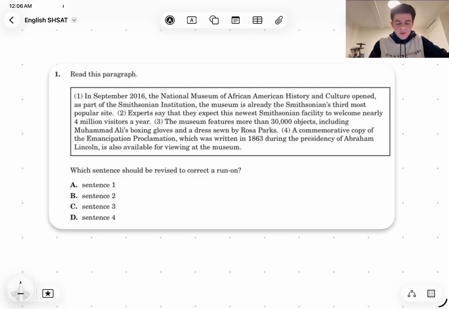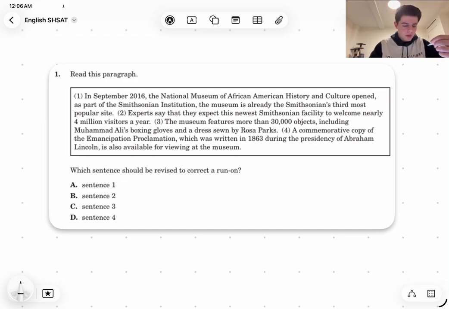The museum features more than 30,000 objects, including Muhammad Ali's boxing gloves and a dress sewn by Rosa Parks. A commemorative copy of the Emancipation Proclamation, which was written in 1863 during the presidency of Abraham Lincoln, is also available for viewing at the museum. Which sentence should be revised to correct a run-on?